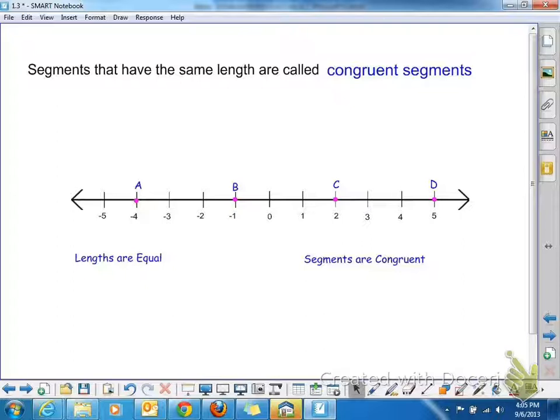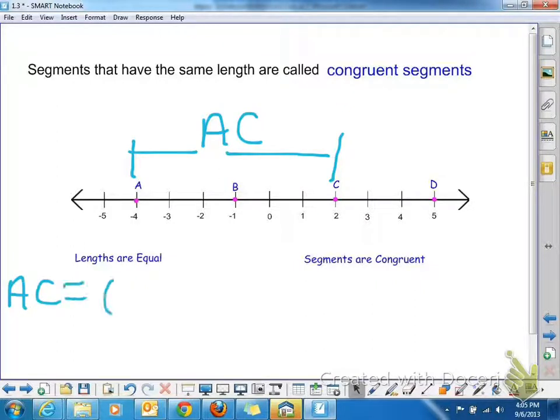If we're looking at segment AC, 2 minus negative 4, AC equals 6. Now let's look at segment BD. 5 minus negative 1, BD equals 6.